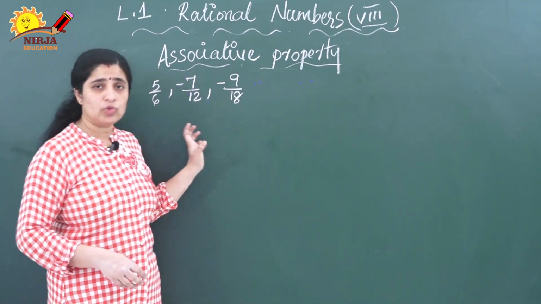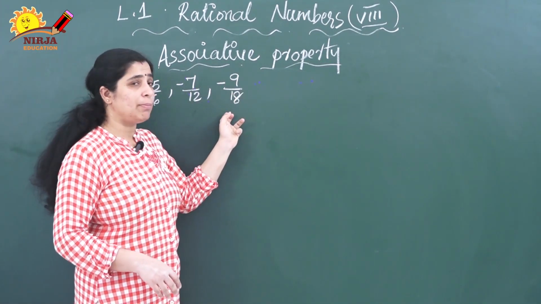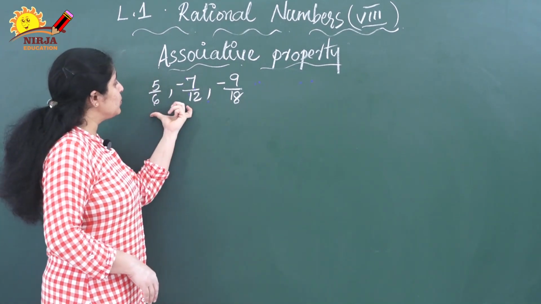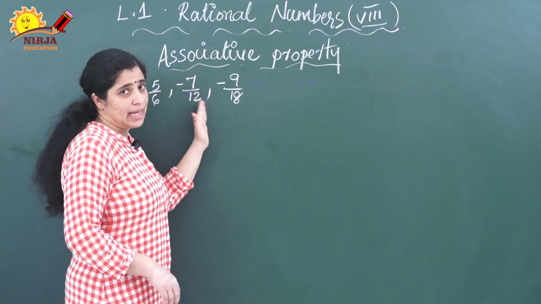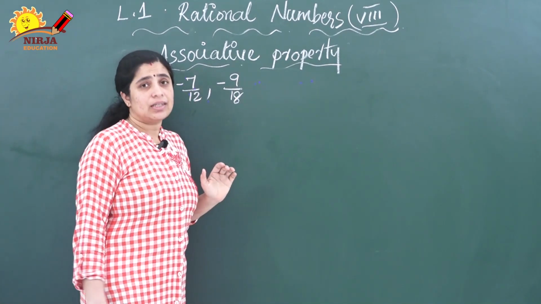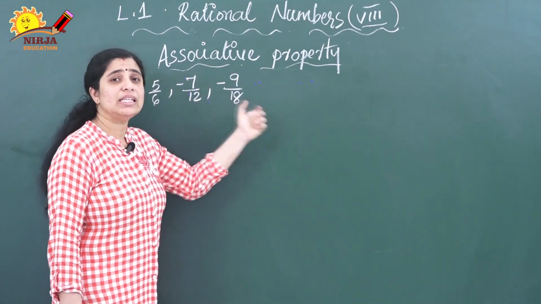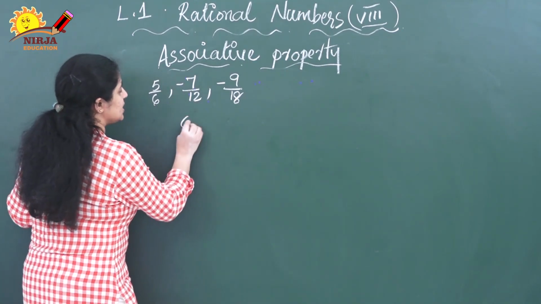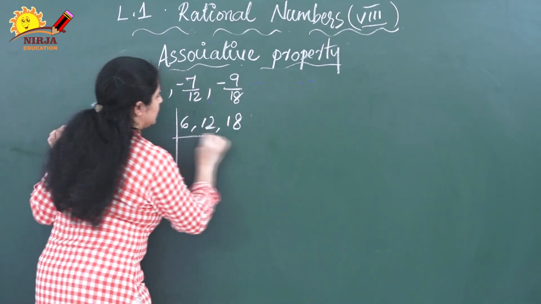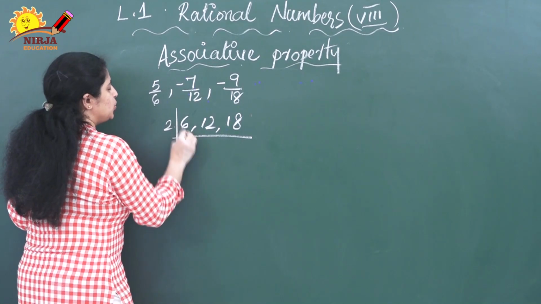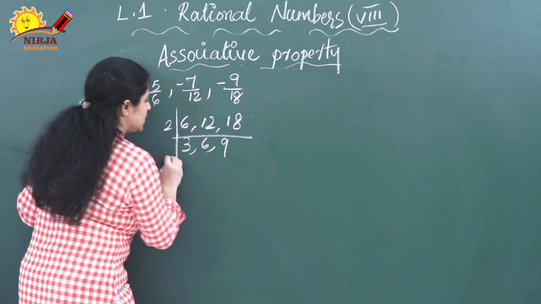Here also I took three numbers: 5/6, -7/12 and -9/18. First I will group the first two numbers, and with the answer I will subtract the third number. For that, first we have to find the LCM of these three numbers, that is 6, 12 and 18. I can divide by 2. 3 2s are 6, 6 2s are 12, 9 2s are 18.